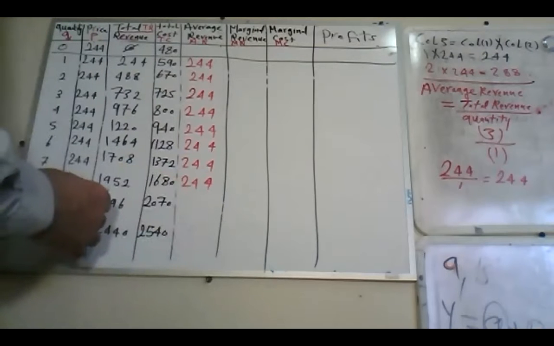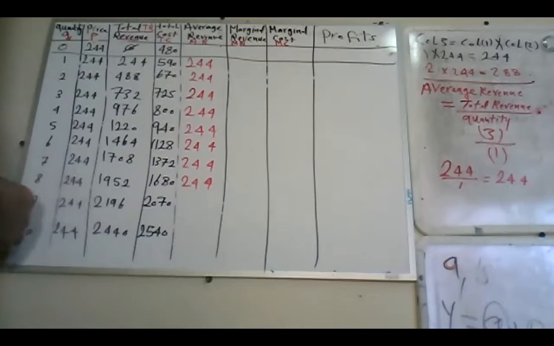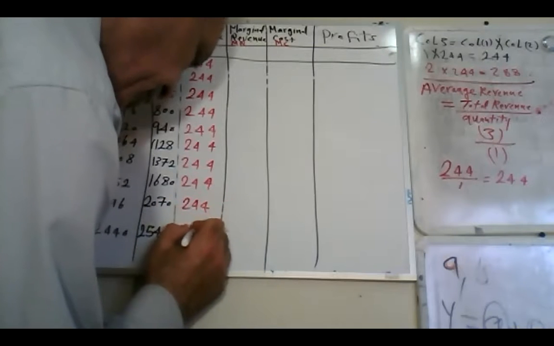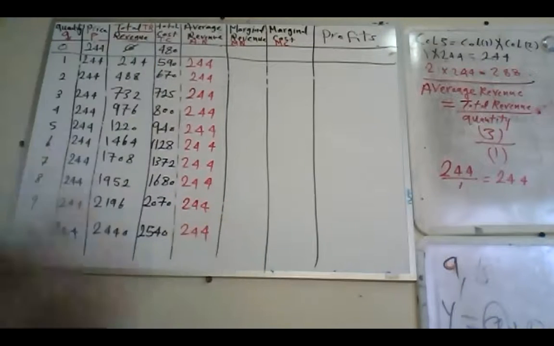As an example, 1952 divided by 8 gives you 244 as well. This is the average revenue.